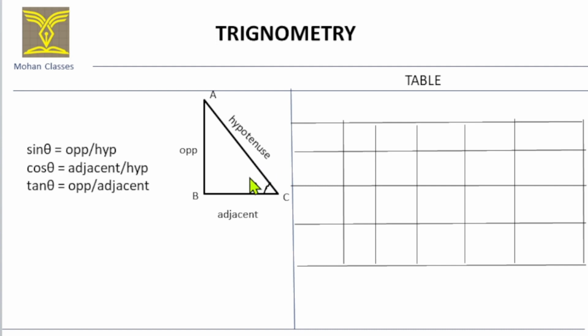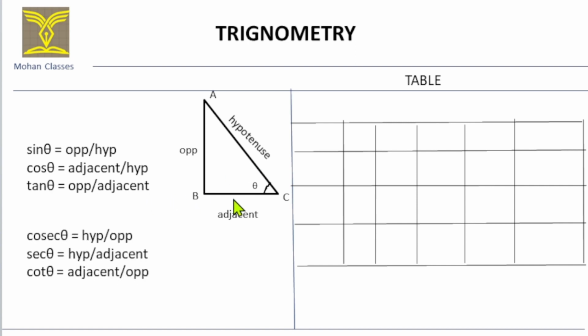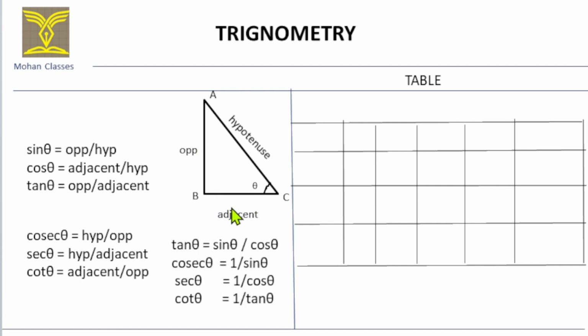The cos of the angle is the ratio of the length of the adjacent side and the length of the hypotenuse. The tan of the angle is the ratio of the opposite side divided by the adjacent side.